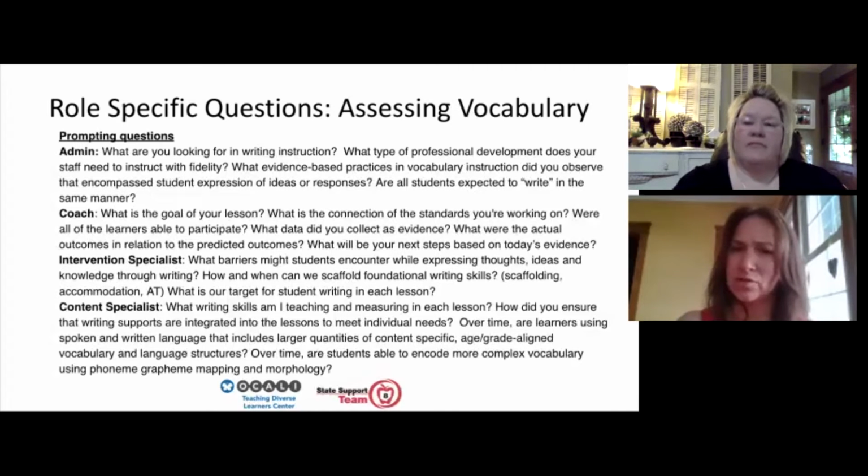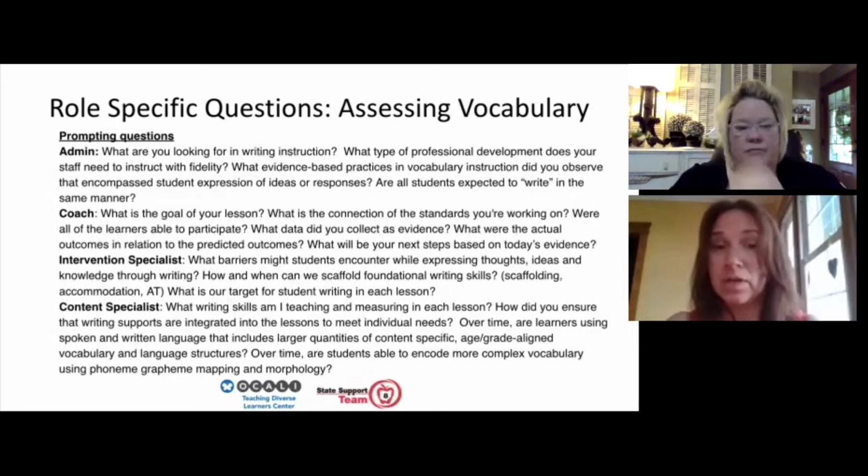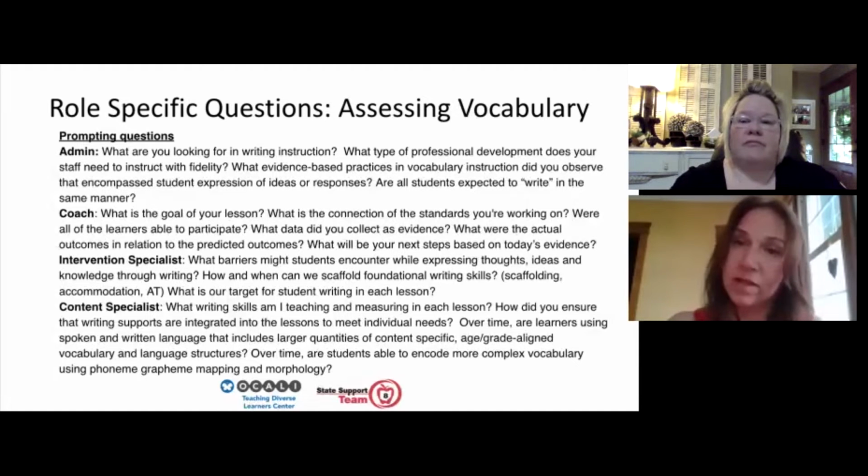Those are all questions you can ask yourself, as well as over time, are learners using vocabulary and language structures? The critical piece here is using, not just taking in receptively, but expressively using those structures through both communication and writing. And over time, are students able to encode or write, decode is more reading, more complex vocabulary using phoneme, grapheme, mapping, and morphology?